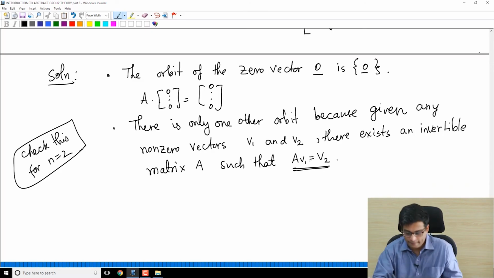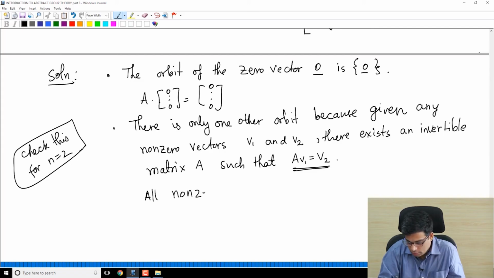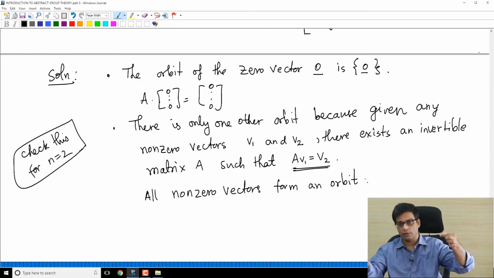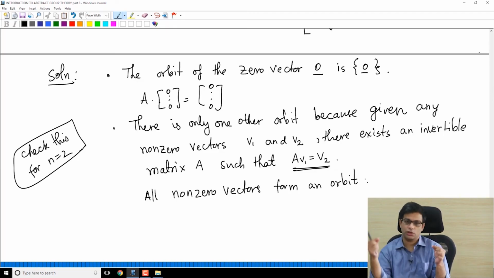That means all non-zero vectors form an orbit. Right? Is that clear? Because I am saying that given any two non-zero vectors, there is a matrix which sends one to the other. In other words, any two non-zero vectors are equivalent. So all non-zero vectors together form an orbit.